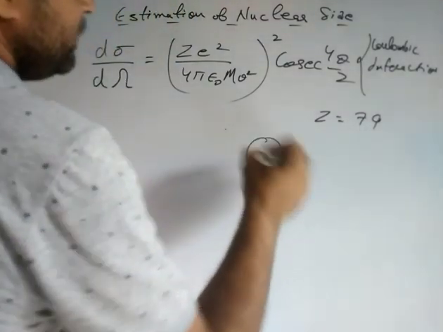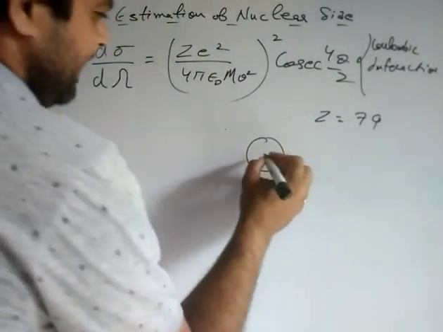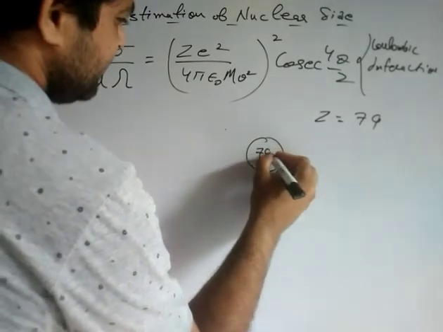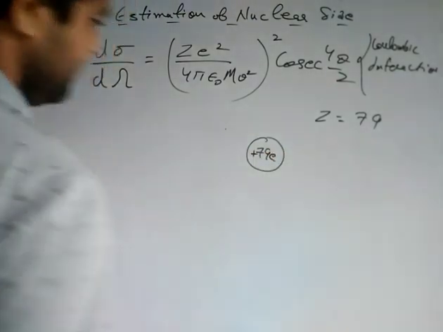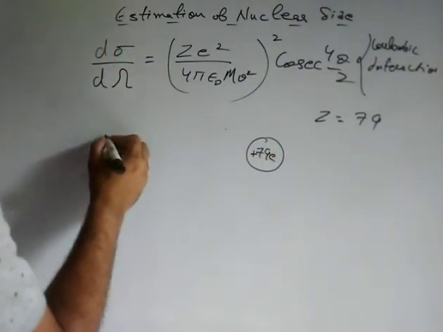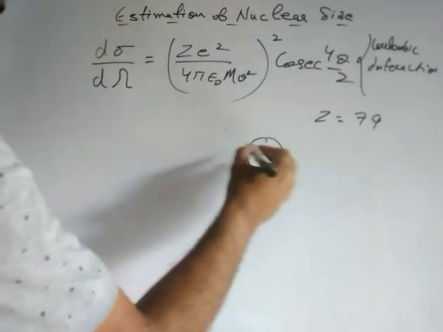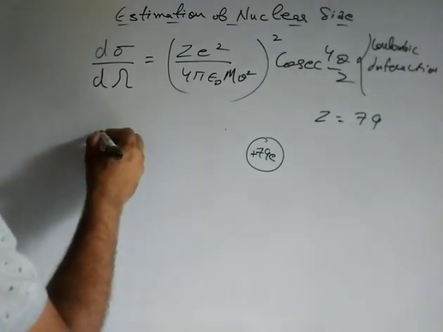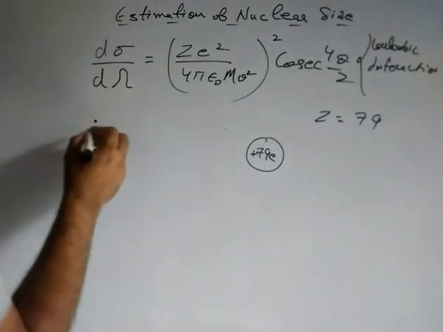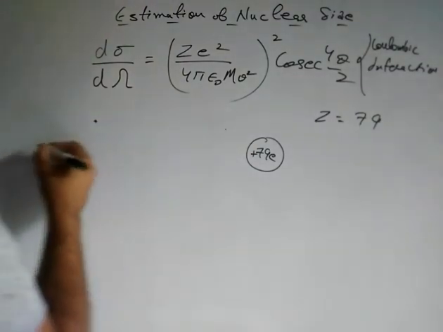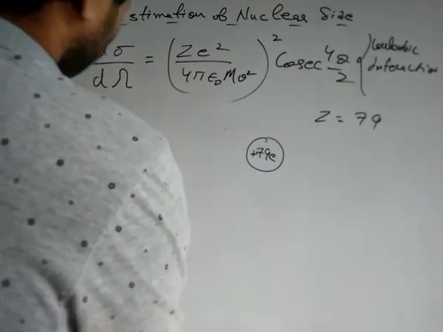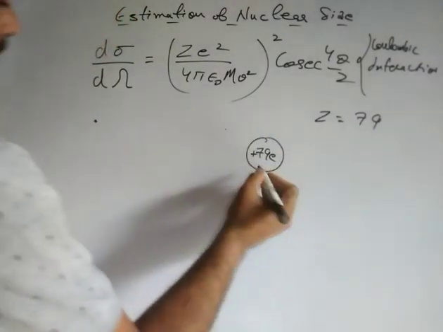So the gold nucleus according to the Rutherford model will have a positive charge of 79 units. Now the alpha particle will come towards this nucleus. Suppose from here is my radioactive source from which a stream of alpha particles is bombarded towards this gold nucleus.